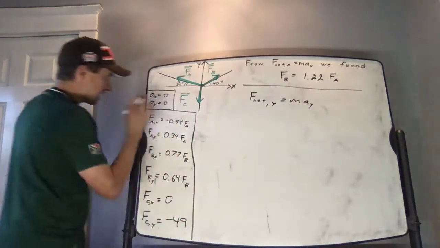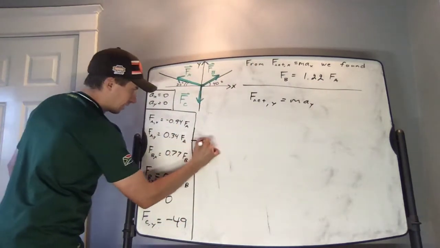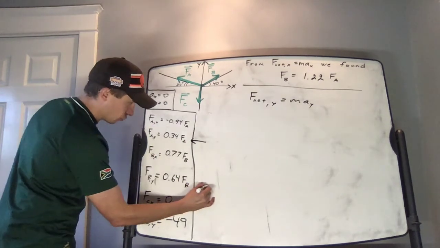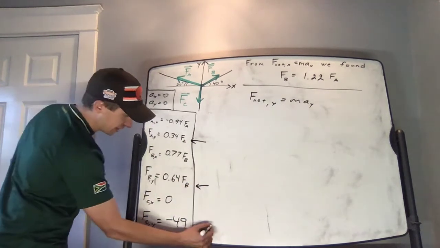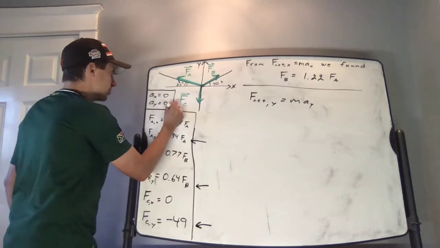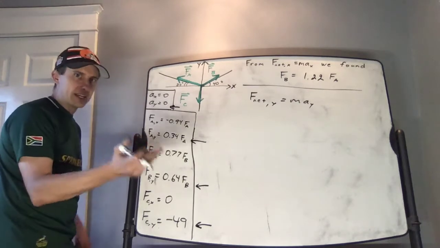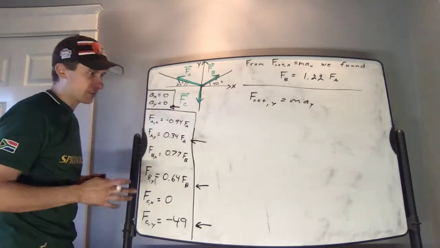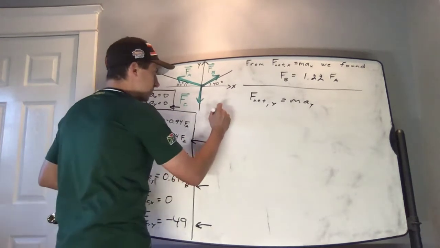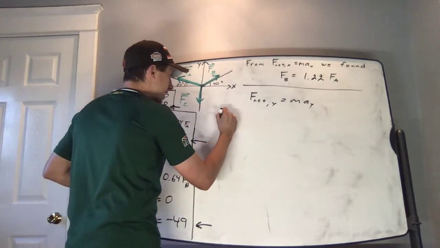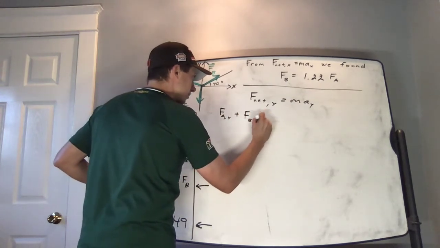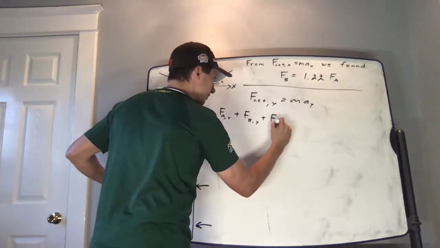just like before, I am going to pick out, okay, here is Y tension in cable A, here's the Y component of tension in cable B, here's the Y component of tension in cable C, and here's the acceleration of the knot or ring where all the cables meet. So F net Y, that would be FAY plus FBY plus FCY.